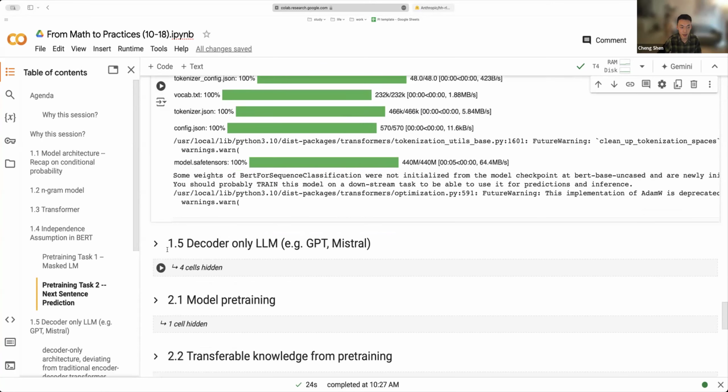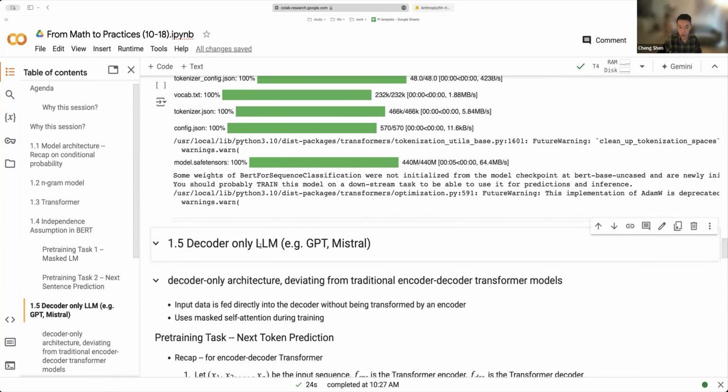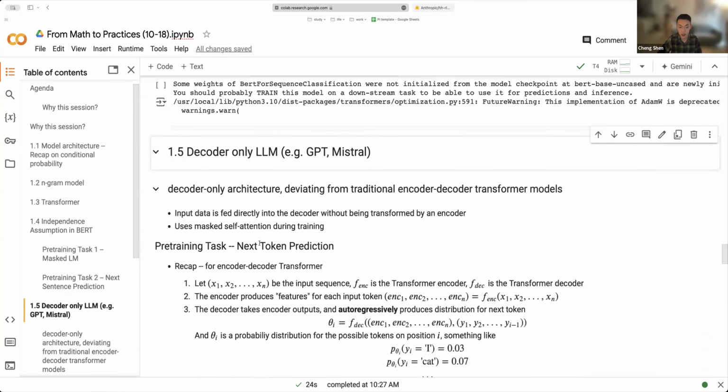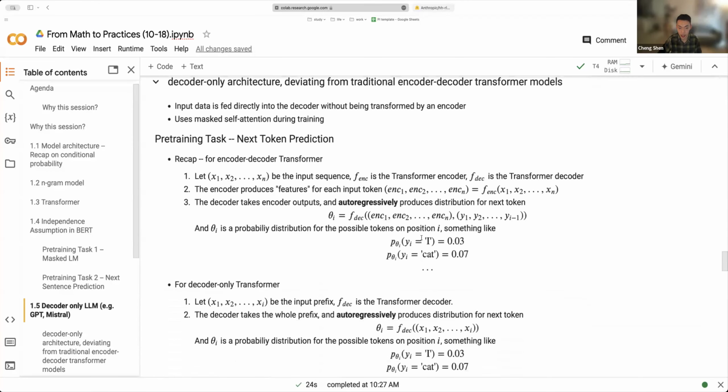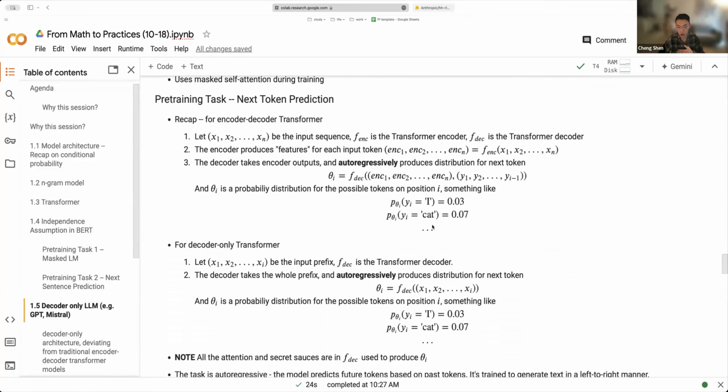BERT is an encoder-only model, but right now all the new large language models are decoder-only. Again, there's a recap here for the transformer. We have an encoder that looks at the whole input sequence, and a decoder to autoregressively generate the next token.